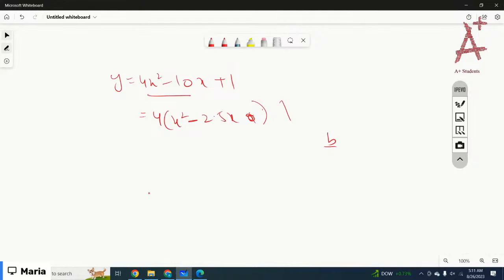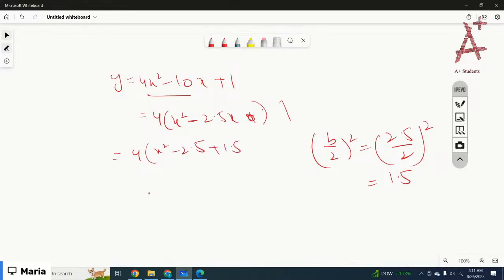So you have to add b by 2. b is 2.5, over 2 square. That means you have to add and subtract 1.25 square. 4 times x square minus 2.5x plus 1.25 square minus 1.25 square and 1.